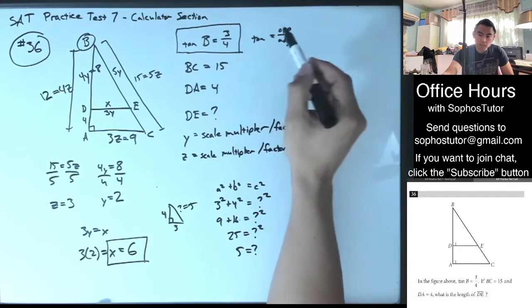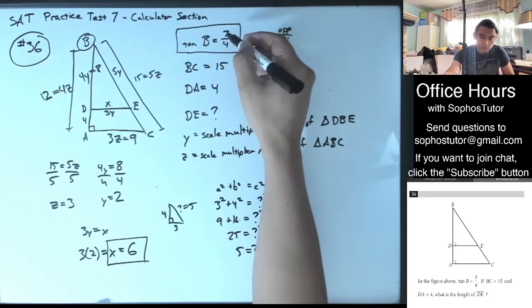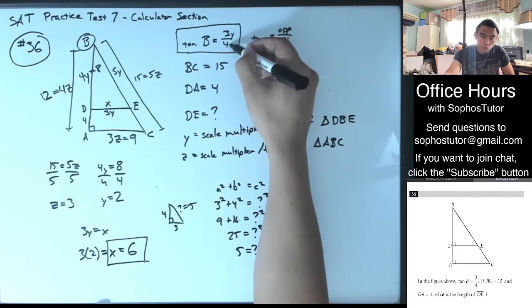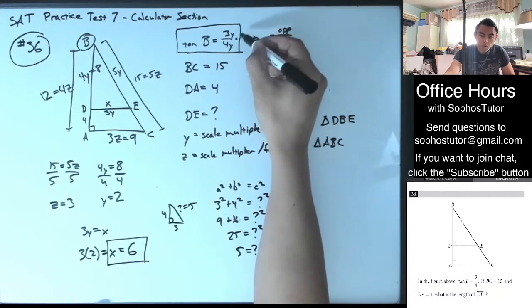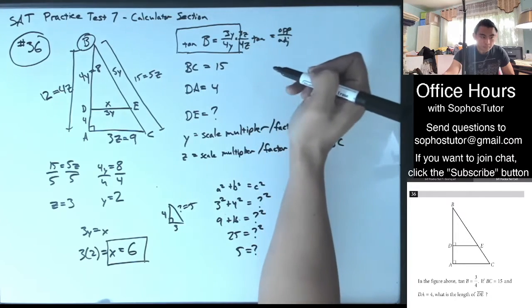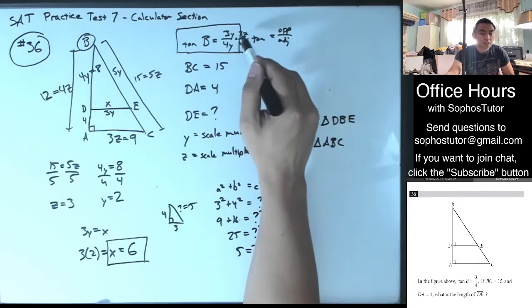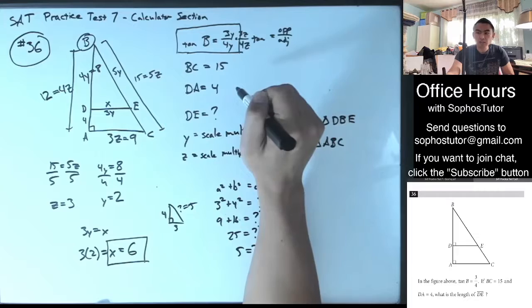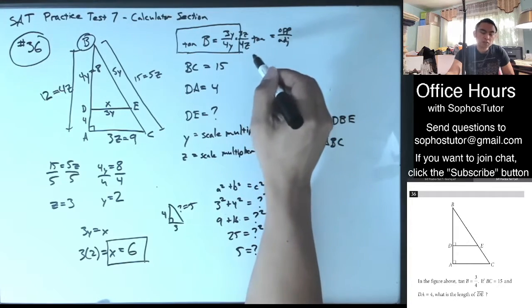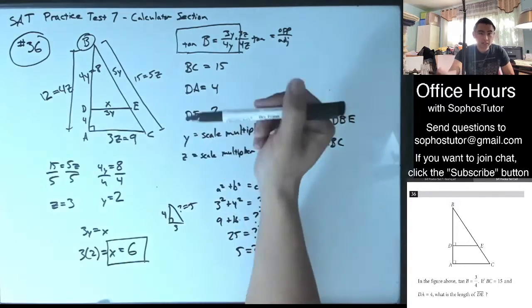So notice that every time we labeled opposite or adjacent, we labeled it as 3y over 4y, or 3z over 4z. And every triangle has one scale factor, right? Y and z are scale factors. Once you solve for those scale factors, then you can solve for all the sides of a triangle.